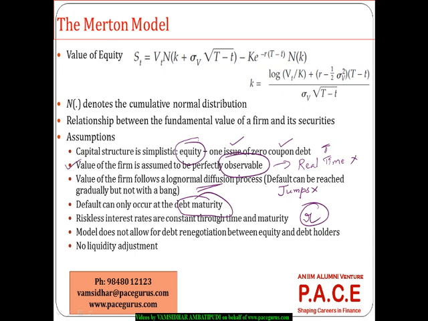So there could be some level of renegotiation between the parties, and a different deal might be struck between them. But here the model says no such thing exists, and no liquidity adjustment. So with these assumptions, this model is perfectly able to use the Black-Scholes option pricing formula to come out with the value of the equity.